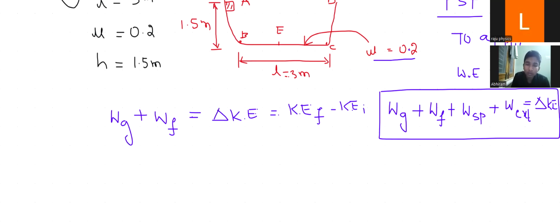Due to gravitational force, how much work is done? What is the formula? Wg equal to mgh. Already we derived this in the earlier classes. Until lifting the body, mgh.